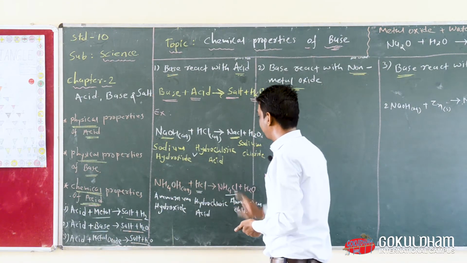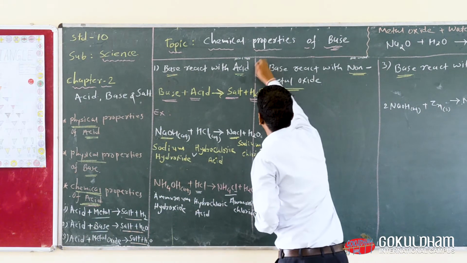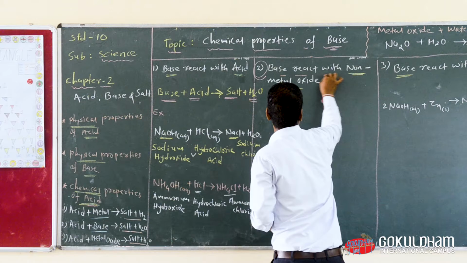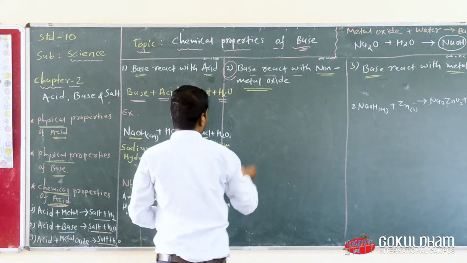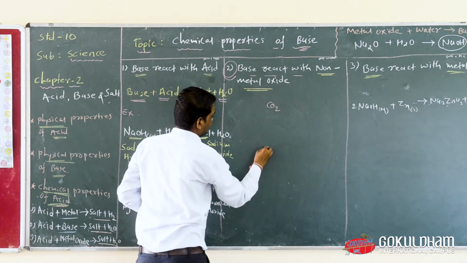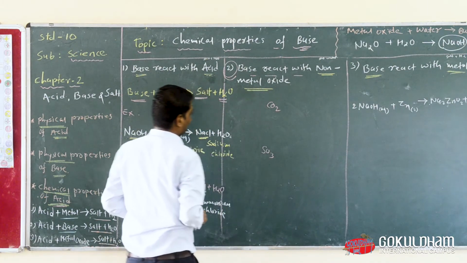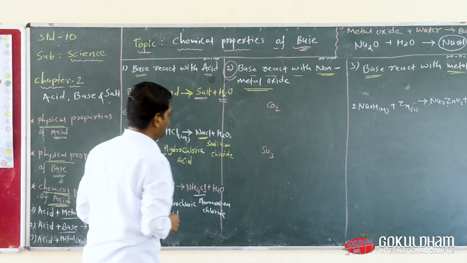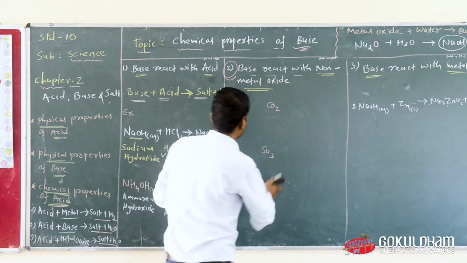Now our second property is that base reacts with non-metallic oxide. Non-metallic oxide means CO2, SO3. These are common examples of non-metallic oxide.